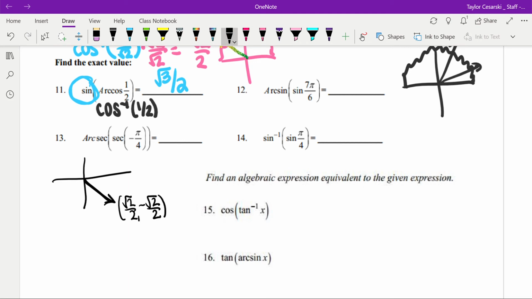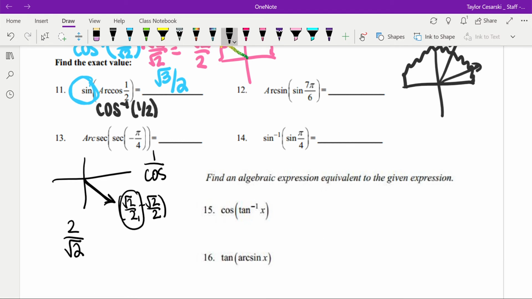Secant, remember, is 1 over cosine. So at negative pi over 4, secant of that is going to be, I'm just going to basically flip this value. So it's going to become 2 over square root of 2.